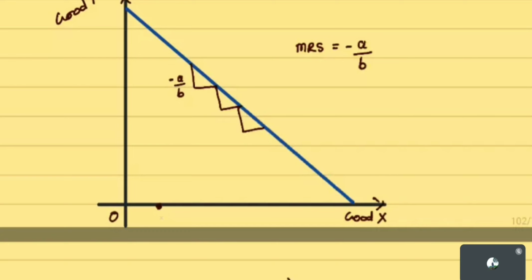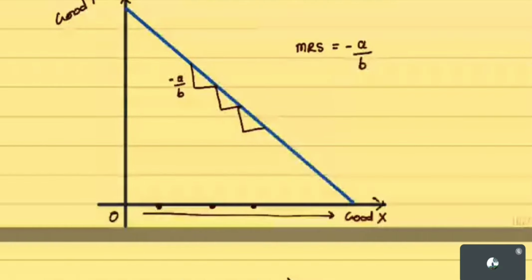So it will be similar. If you are consuming at this point, you will have to sacrifice 2 units of y for 1 unit of x. Similarly, if you are consuming here, you have to sacrifice 2 units of y. Even if you have 10 units of x, you need to sacrifice 2 units of y for each additional unit of x. So in this case, your MRS is constant, and remains the same at each point on the indifference curve.